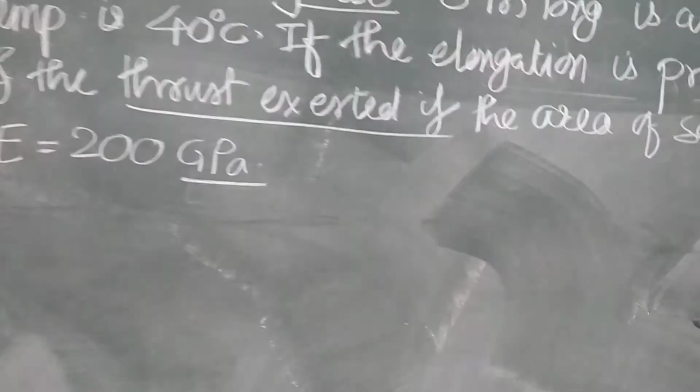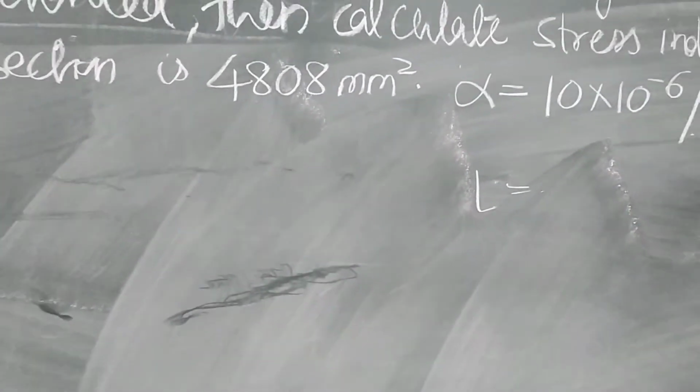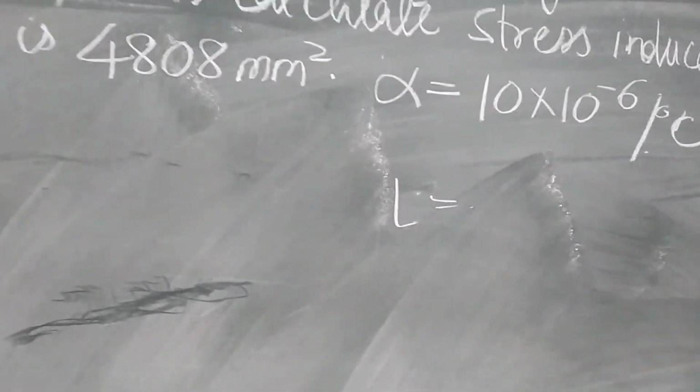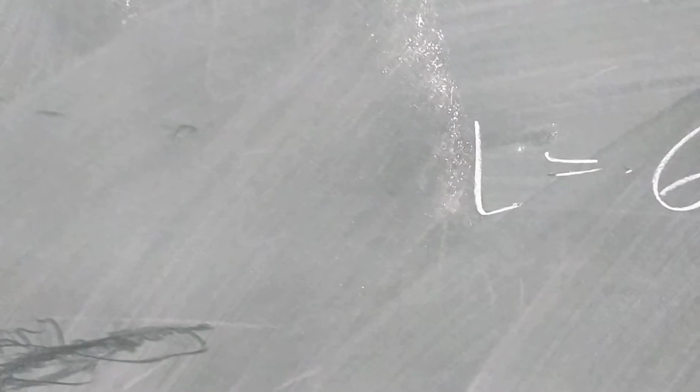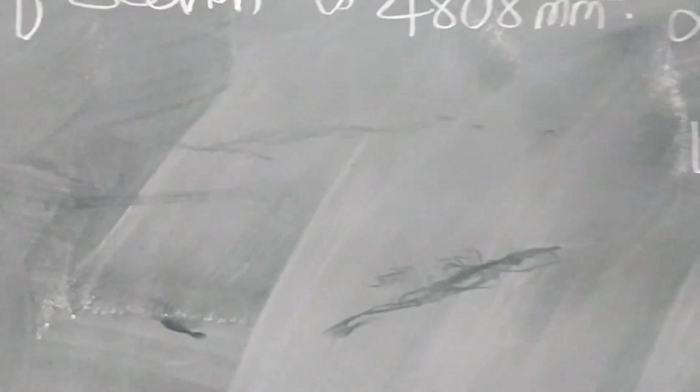Okay, we will solve this step by step, so you will not feel it difficult. L is 6 meter long, that is 6 into 10 raised to 3 mm. T, you know what is T? It is difference in temperature, 40 minus 15, so it is 25 degrees centigrade.